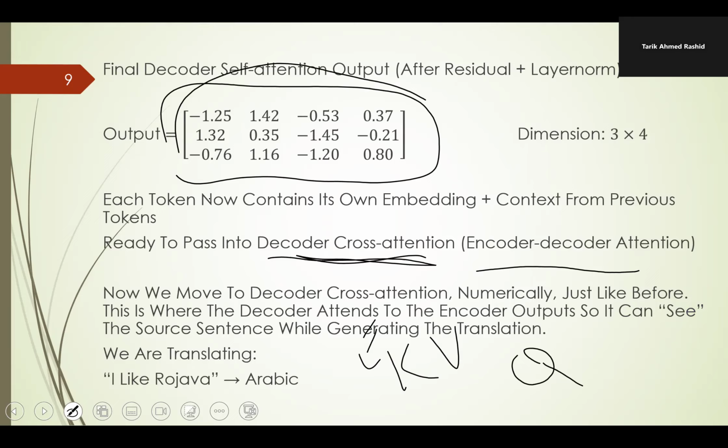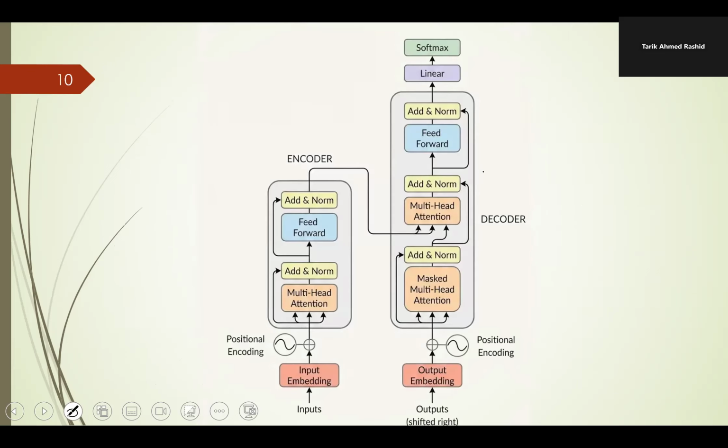We take the output Q from the decoder, and from the encoder, which we had in previous classes, we take K and V, and they come in together with the Q from here.